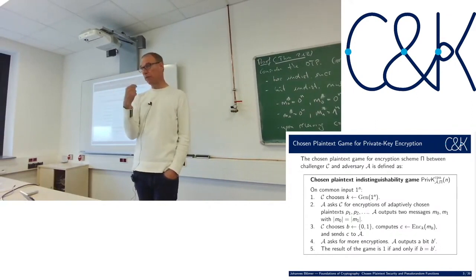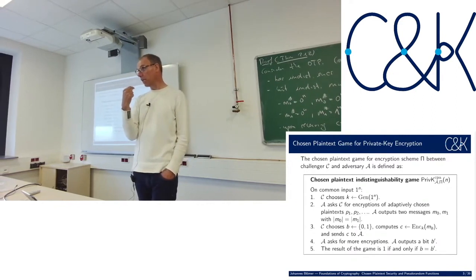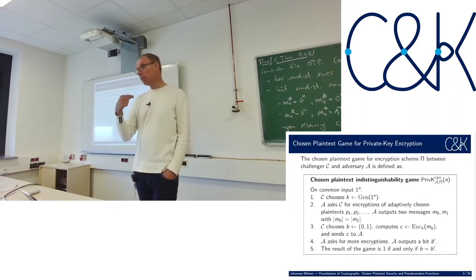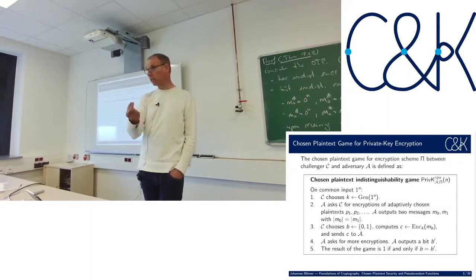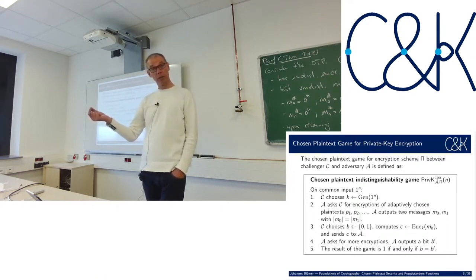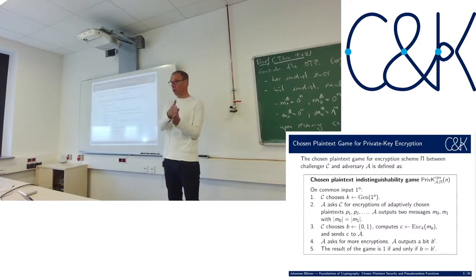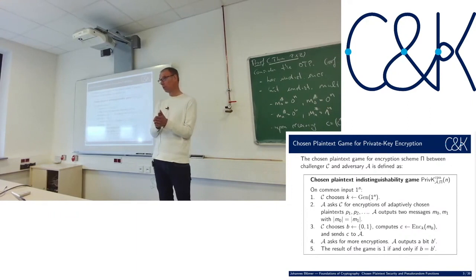He sees the ciphertext. Then, depending on what the adversary has seen, he can pick the next plaintext. Then he sees an encryption of the second plaintext. Based on the encryption that he sees and the previous encryption that he saw, he can now pick the third plaintext for which he wants to see an encryption. Okay, that's adaptive. So depending on the answers that he saw before, he can choose the next plaintext for which he wants to see an encryption.